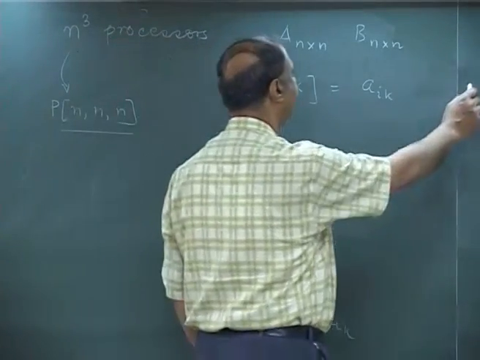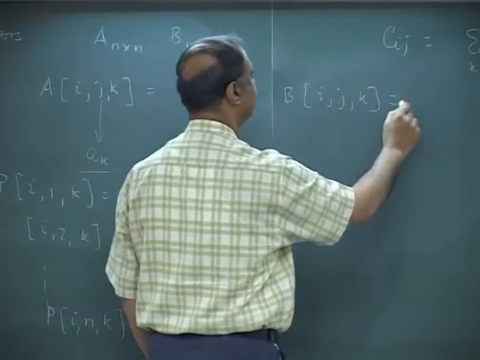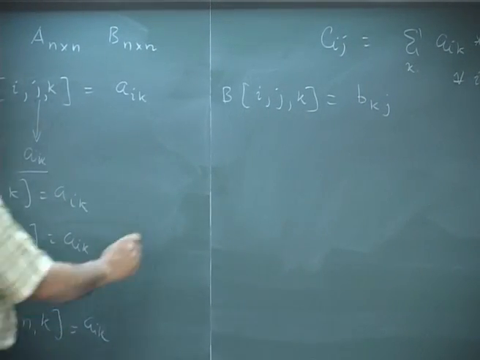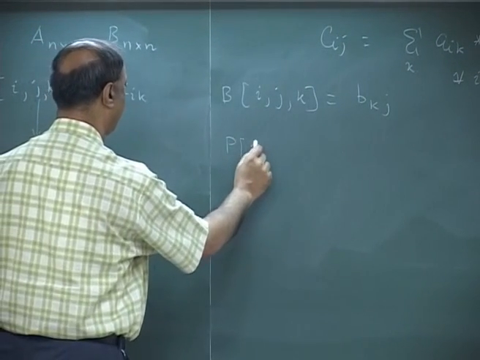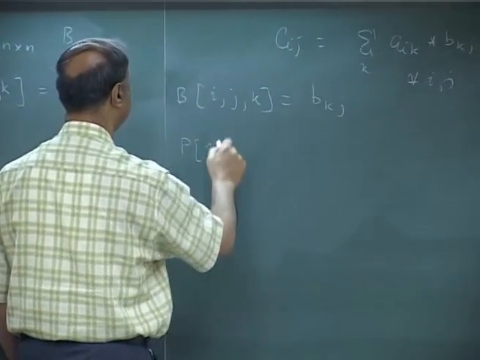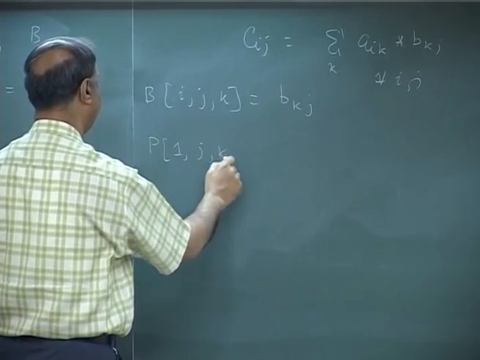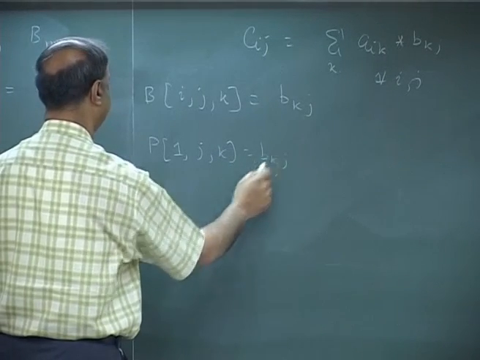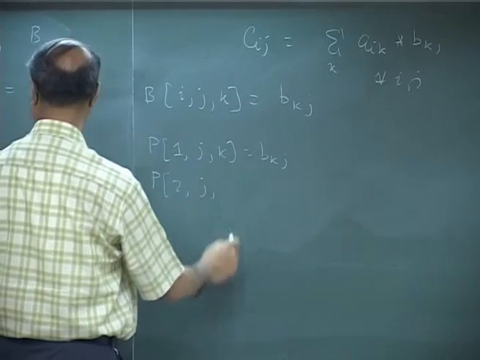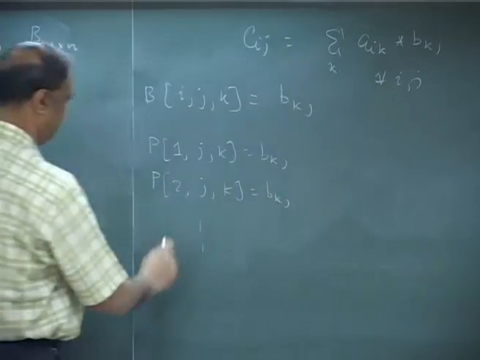Similarly, we define B(i,j,k) as your Bkj. That is, P(1,j,k) has Bkj, P(2,j,k) is equal to Bkj, and so on.